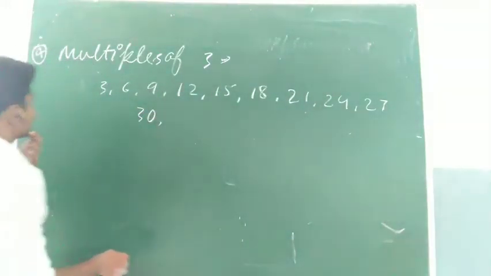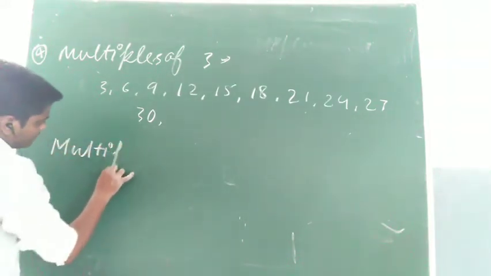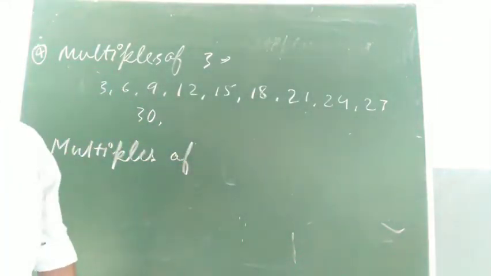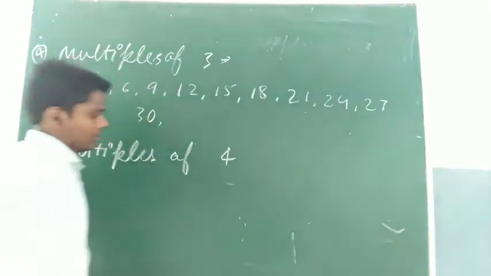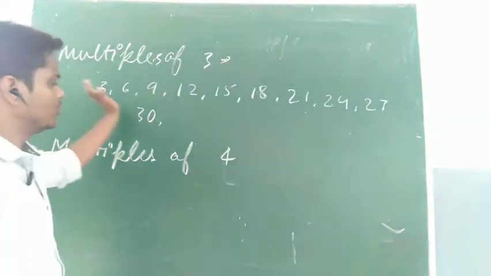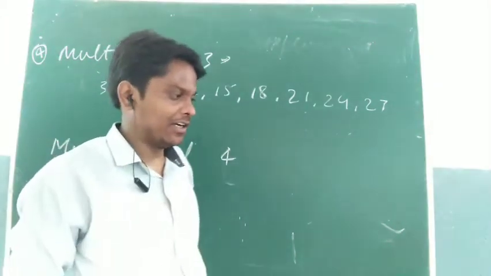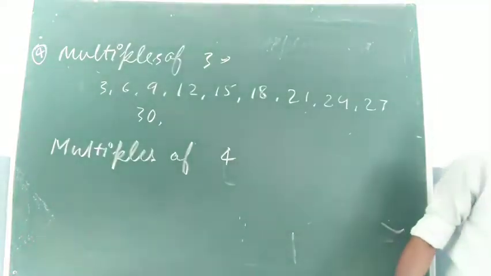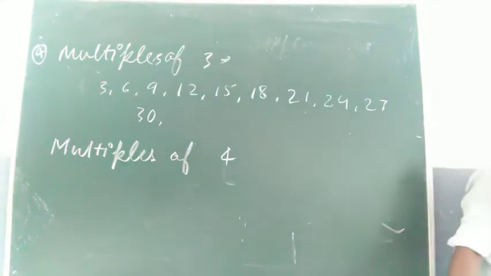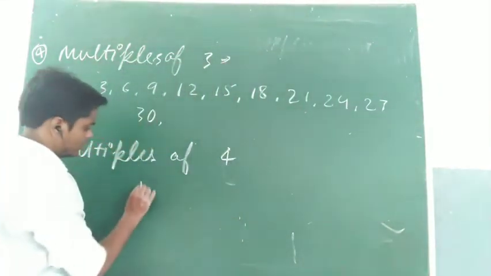After that, the multiples of 4. The question is giving the condition less than 100. So we will move towards 100, but we will stay inside 100. We have to choose those numbers which are less than 100.